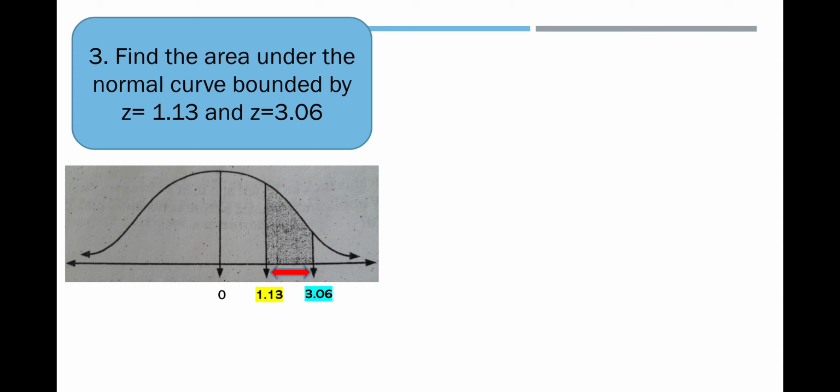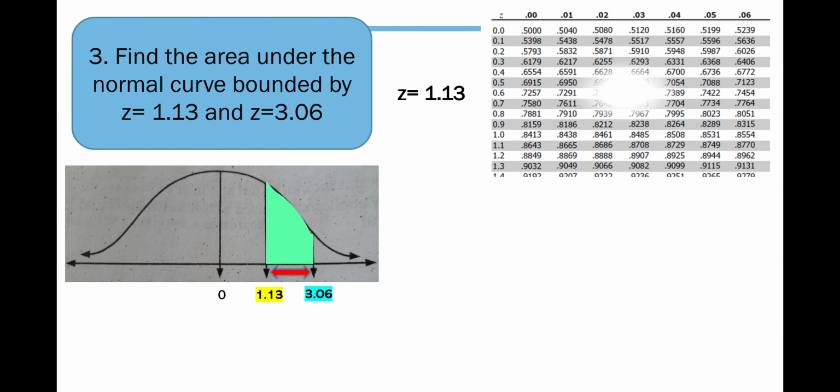We're going to find the area between 1.13 and 3.06, this part of the normal curve. First, we find the value of z equal to 1.13. Using the table, we have 1.1 and find 0.03, so the value is 0.8708.